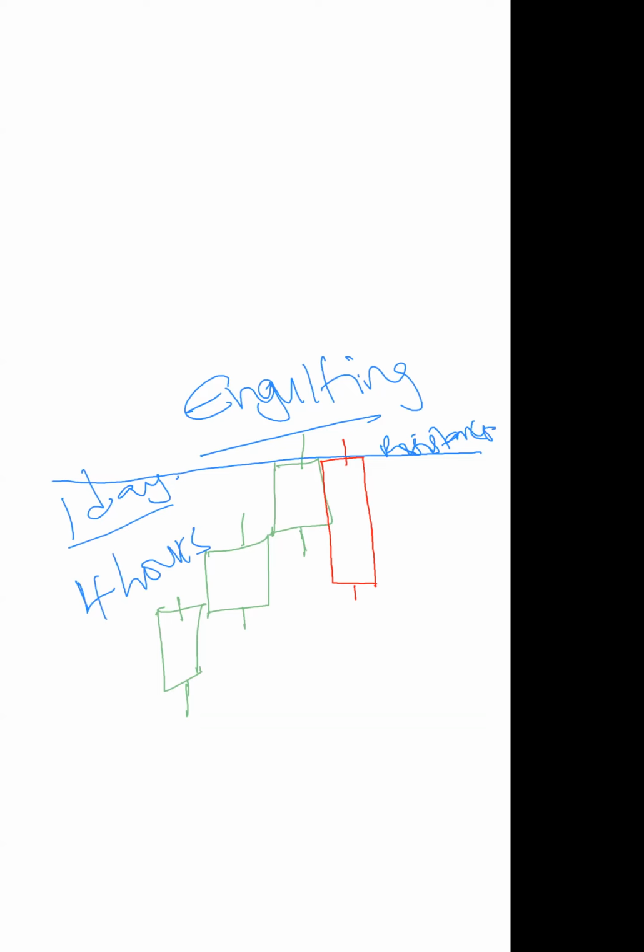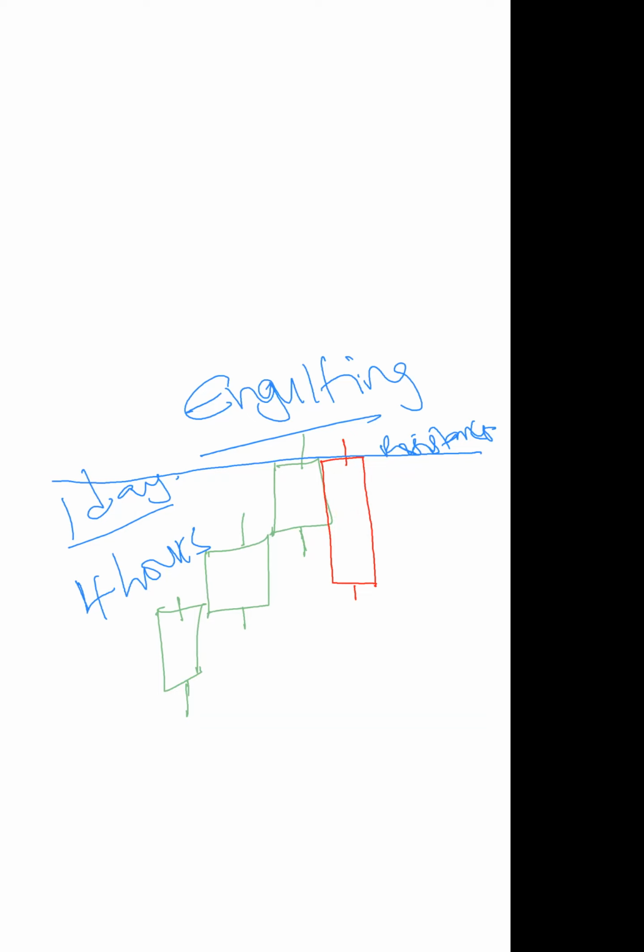Engulfing means that, hey, we've been going up, but if I compare the green candle and the red one, you realize that this red candle is much stronger, as in it's bigger than the previous green candle. That means at this point, the sellers are more powerful than the buyers. Okay, so that will cause a trend change.